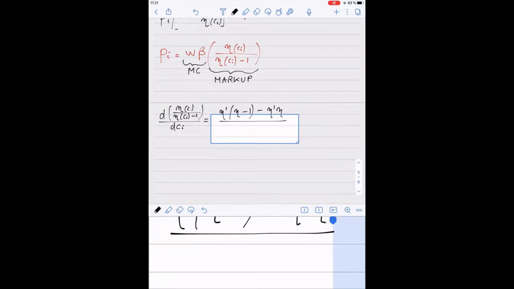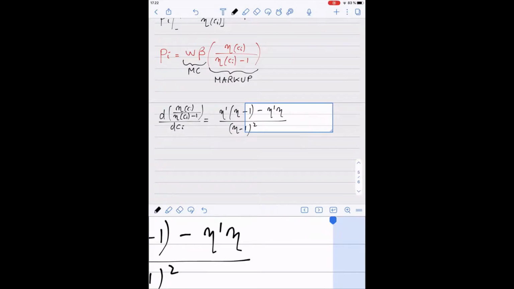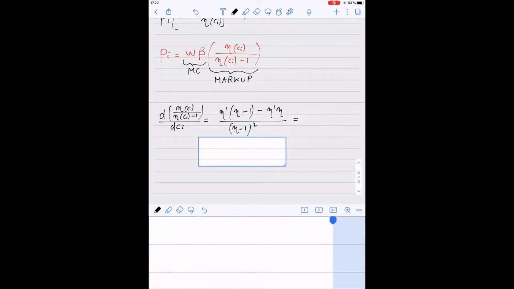And this is divided by eta minus 1 squared. So what do we get? We get, now let me write it fully, just because I'm enjoying this iPad writing.